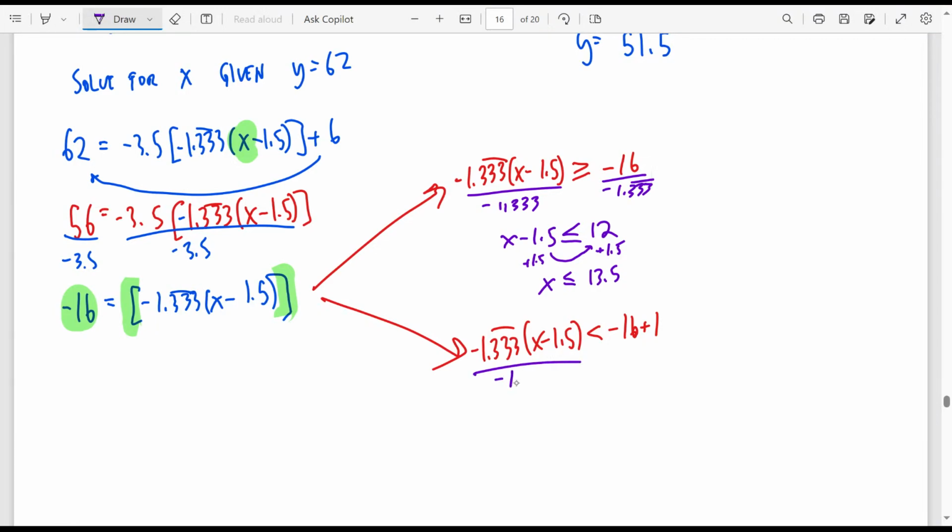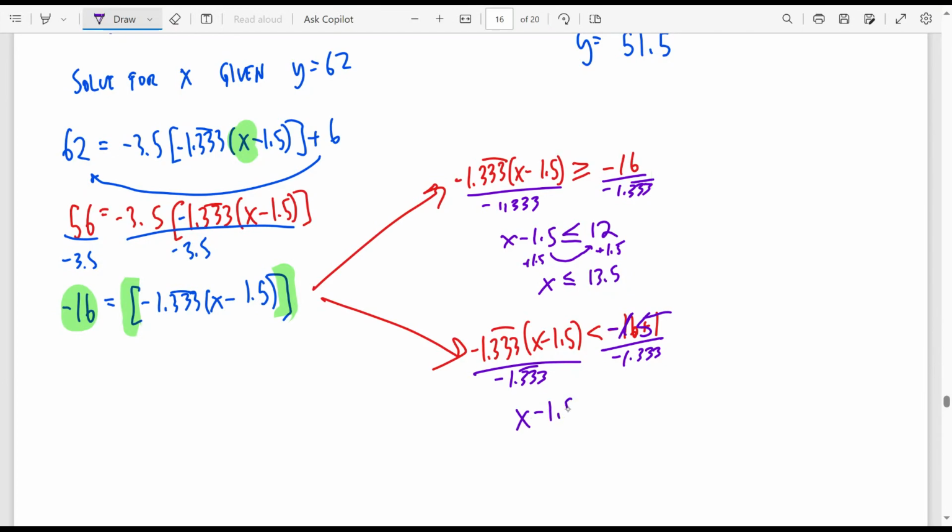We would walk through the same procedure again, divided by, and essentially this is just going to become negative 15. Just do that quickly. And my 15 divided by 1.333 is going to give me something like 11.25.